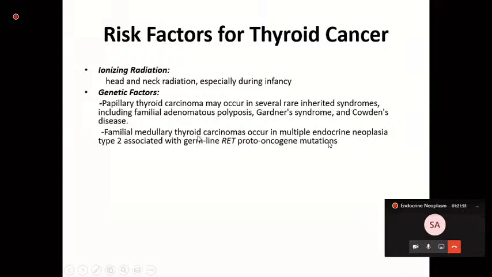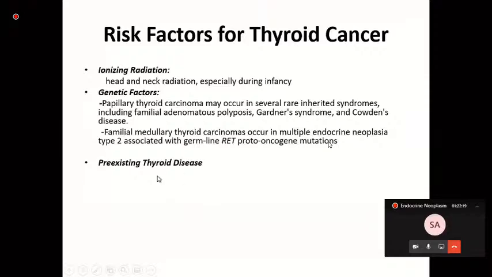Yes. This RET gene is important for the development of the thyroid tissue. If there is a mutation, it will be transformed into an oncogene. Oncogene leads to the formation of cancer. So it is usually associated with medullary carcinoma.